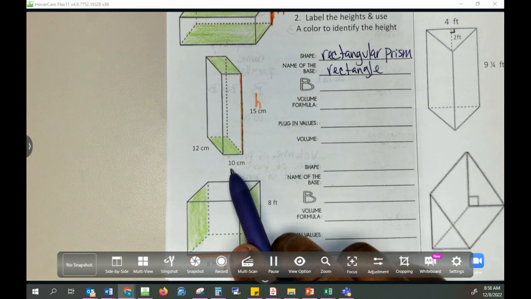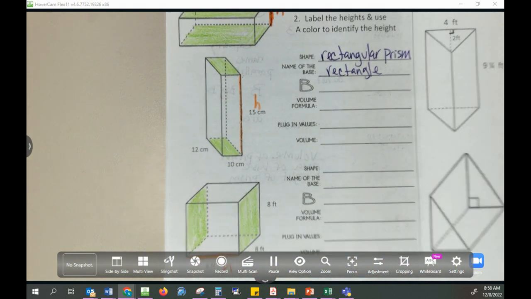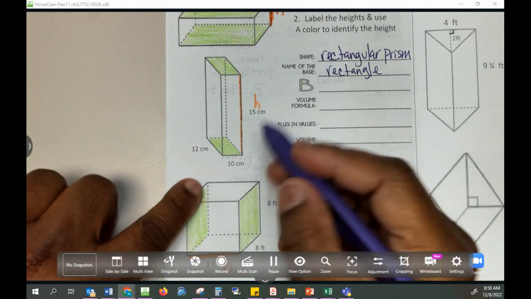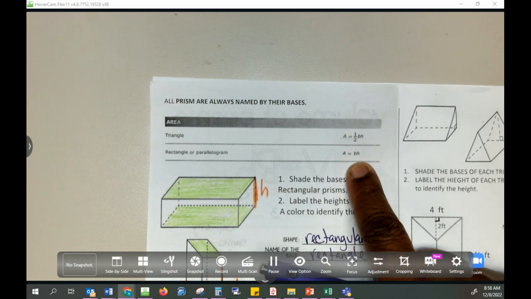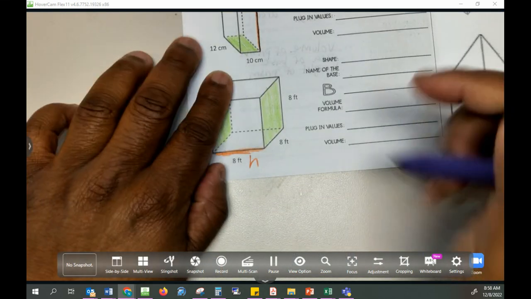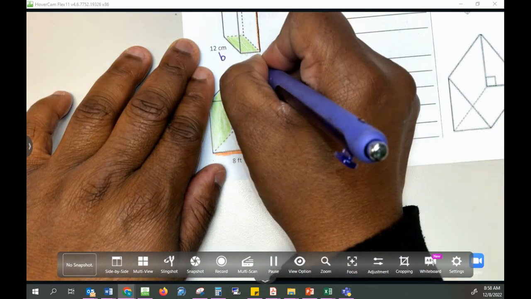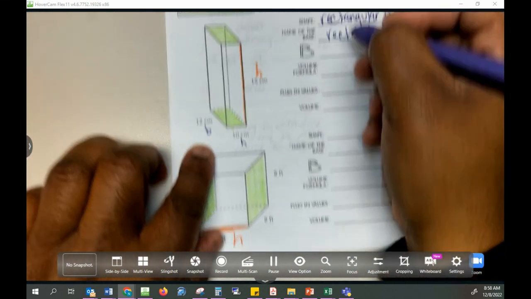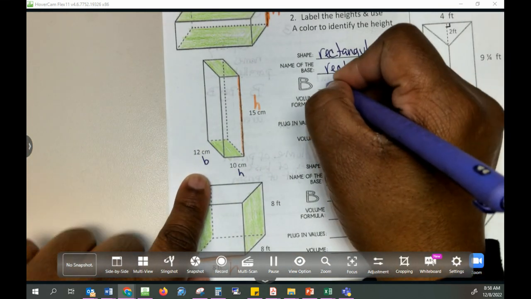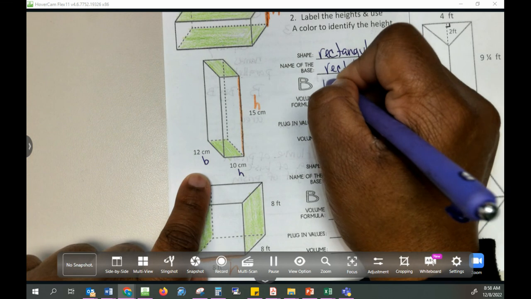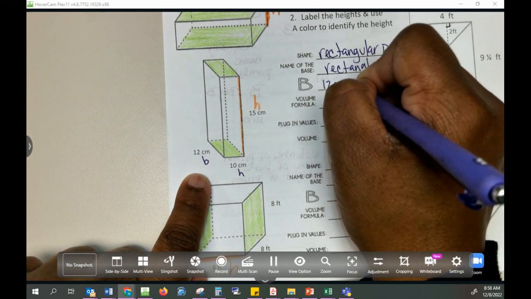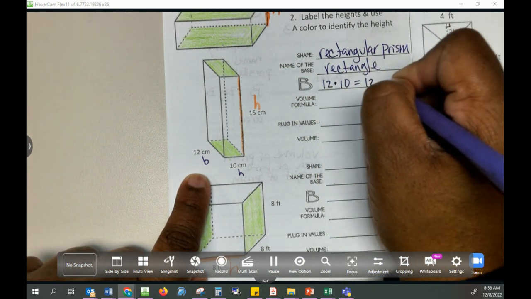I also have the anchor chart there. If I didn't know what the area of the base is, I know it's little b times little h. So on here, I could say base times height. So my big B will be 12 times 10, which is 120.